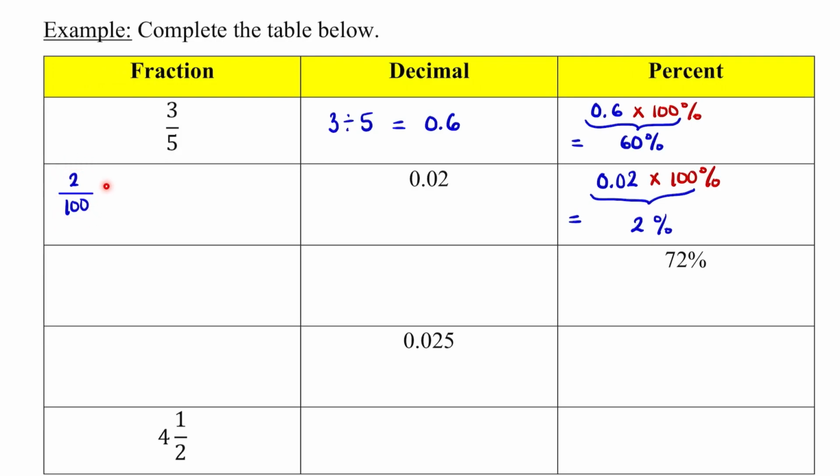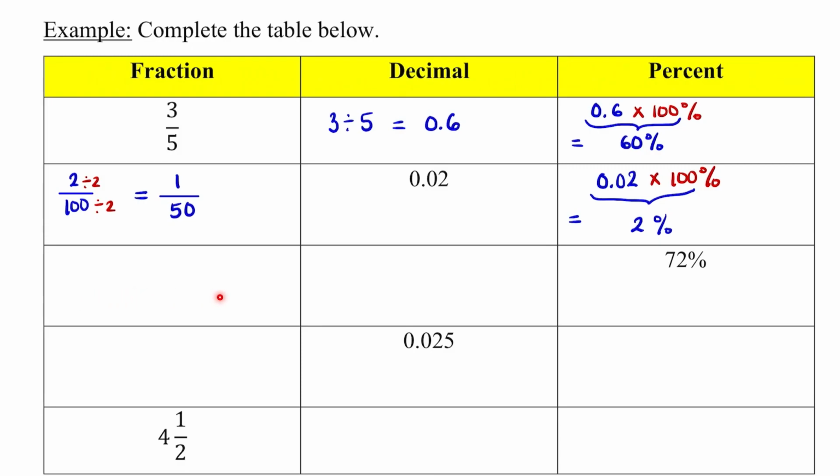In order to simplify this fraction, I will have to divide both numerator and denominator by 2. 2 divided by 2 is 1, and 100 divided by 2 is 50. So I have 1 over 50.